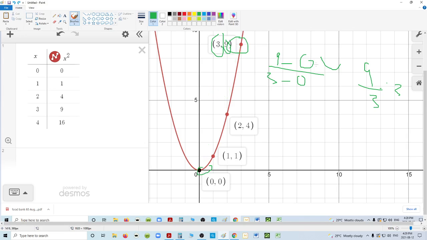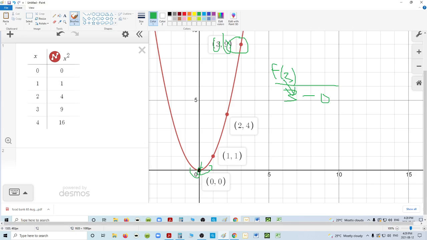Now, let's put it in the new version. What if I said, well, I'm taking it between x3 and x0, so the bottom is still 3 minus 0. But instead of writing 9 and 0, I'm doing f of 3, which means the y value when x is 3, minus f of 0, which means the y value when x is 0. You'll discover that's the same thing, because f of 3 is 9 and f of 0 is 0.